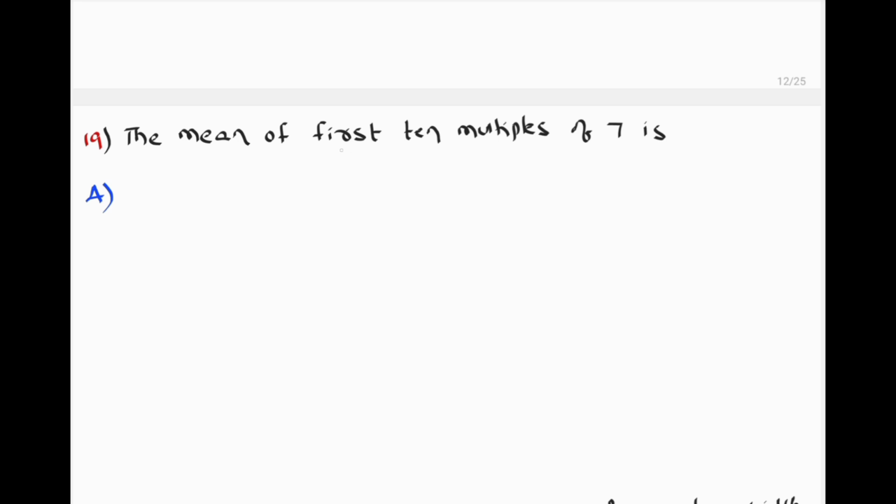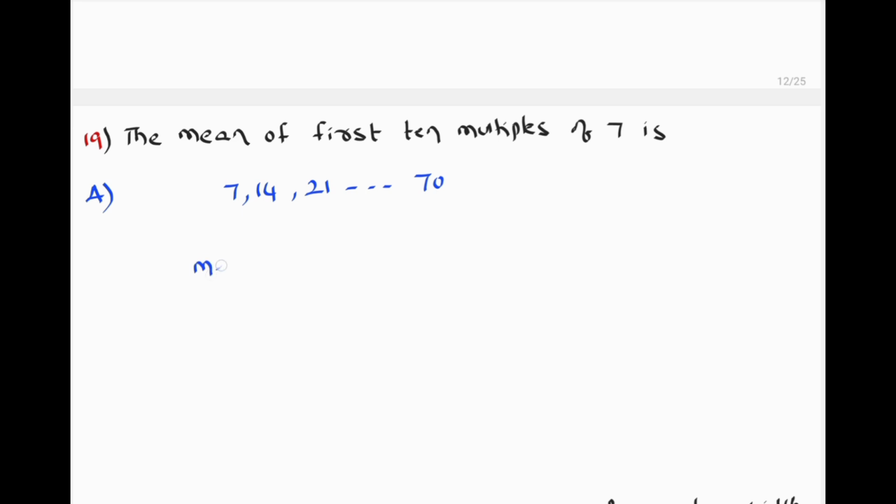Now, the mean of the first 10 multiples of 7. The multiples of 7 are 7, 14, 21 up to 70.